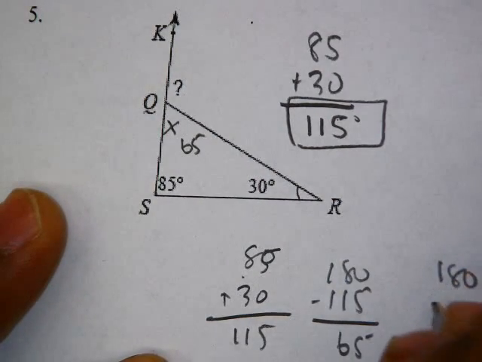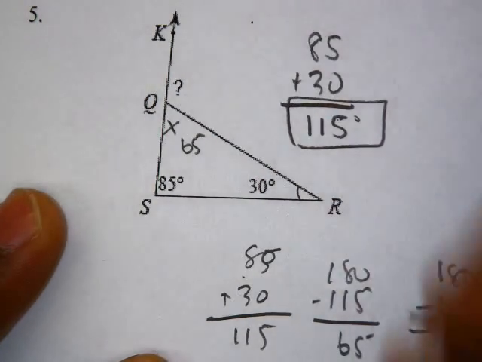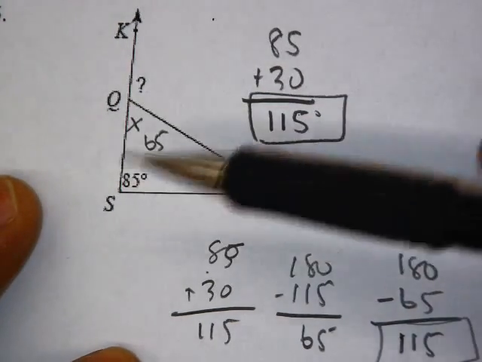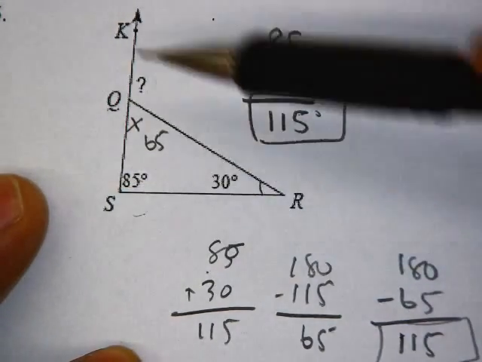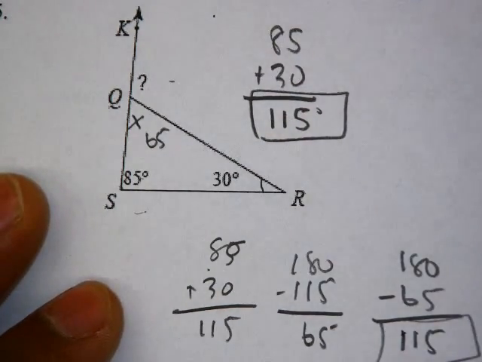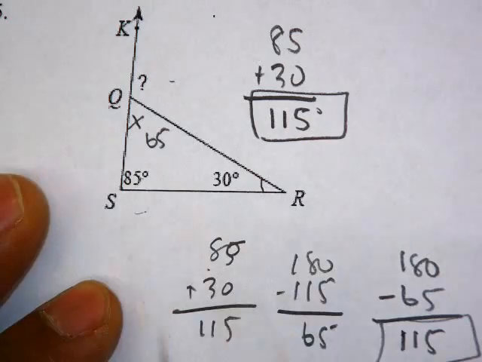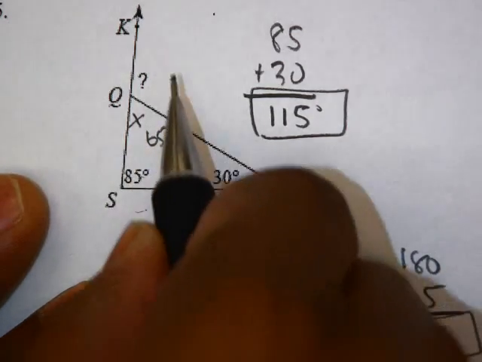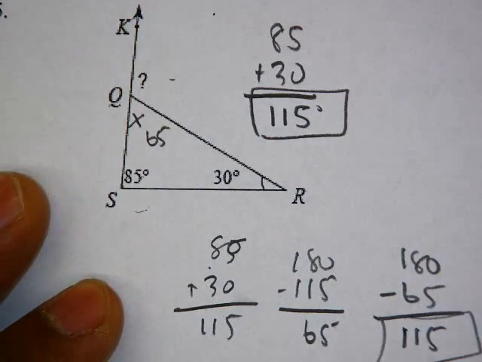I would take the 180 and subtract that 65 back, and end back up at 115. So either way, if you can remember that these two angles add up to equal the outside one, you're good. And even if you forgot that, you can find out this missing angle in here, add these up, subtract from 180, and subtract 180 to get that angle back.